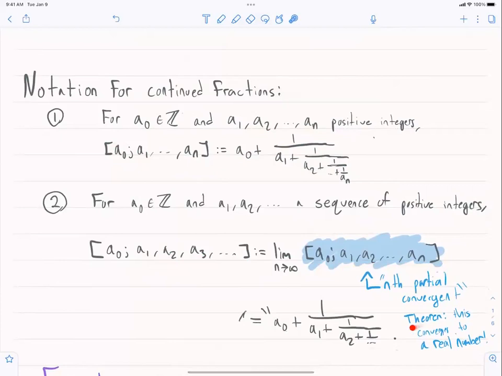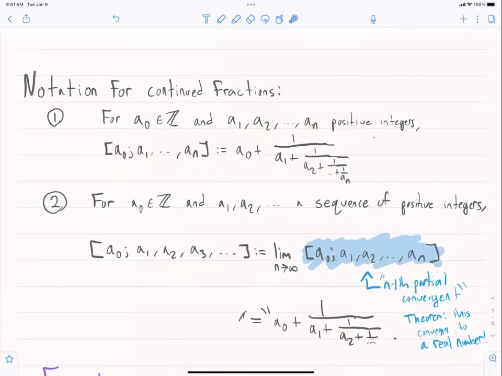And it's a theorem that we won't discuss, but we can prove that this converges to a real number. I guess this is actually probably the n minus 1th partial convergent. So it's not the first partial convergent, it's just if you do A0, then A0 and A1, that's the second partial convergent, and so on.